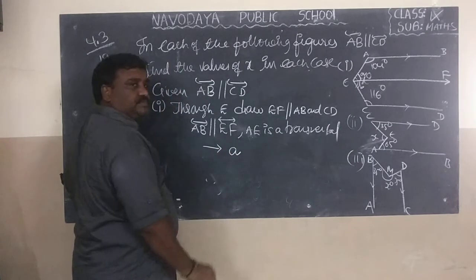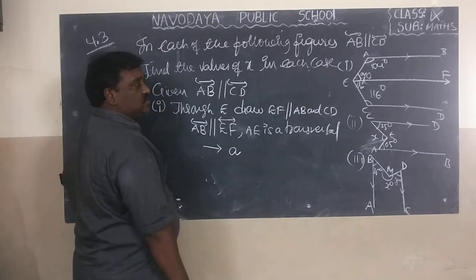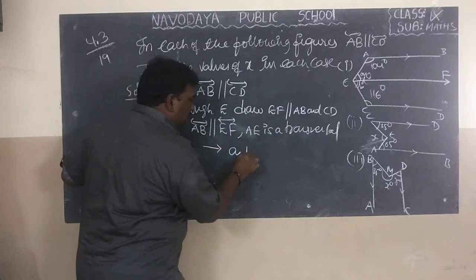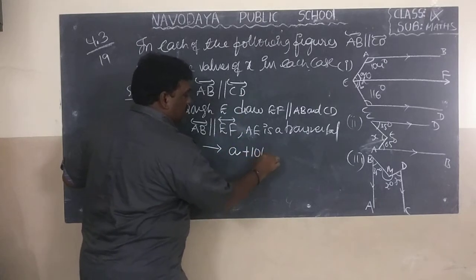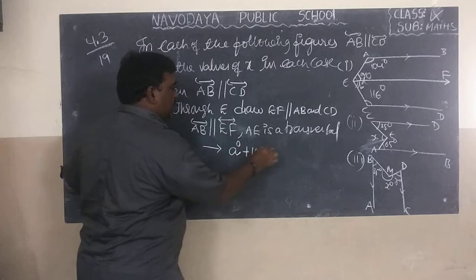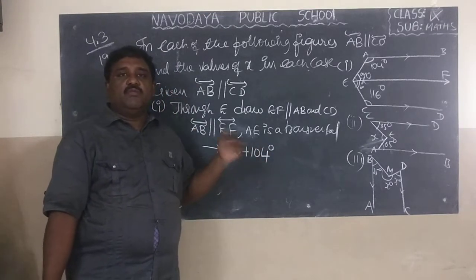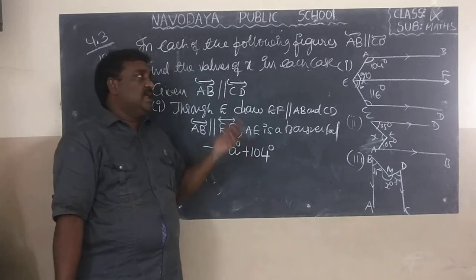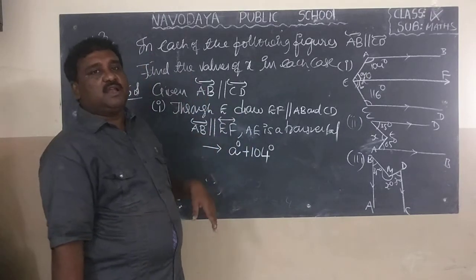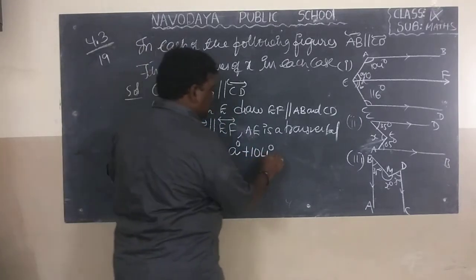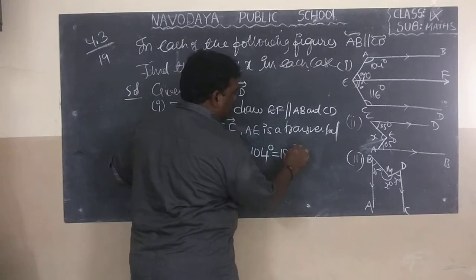Small a plus 104. Small a is an interior angle, 104 is an interior angle. They lie on the same side of the transversal, so they are supplementary, equal to 180.